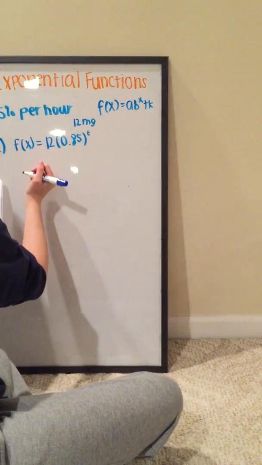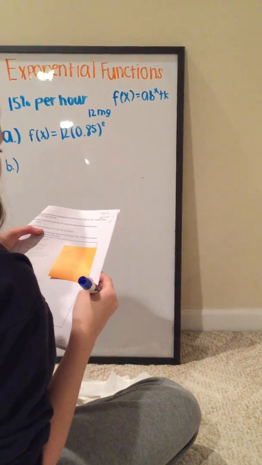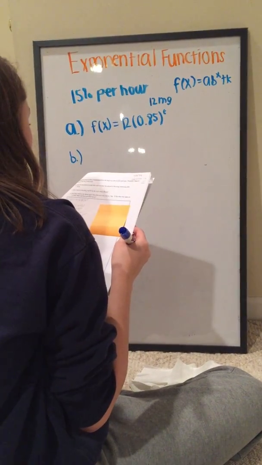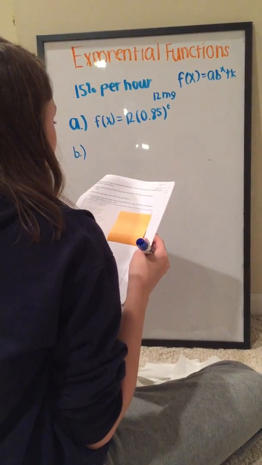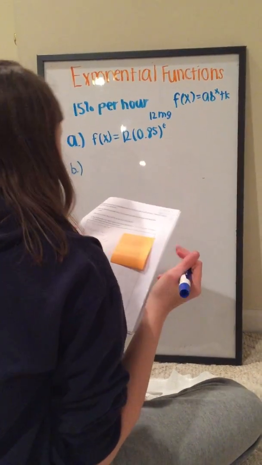And so the next part of the problem is that it says how much of the drug will be in the body after 4 hours. So you want to plug 4 in for where t is, because you're trying to find how much of the drug will be in the body after 4 hours.